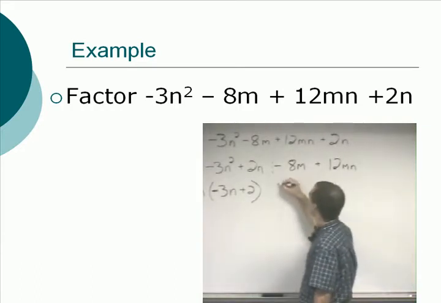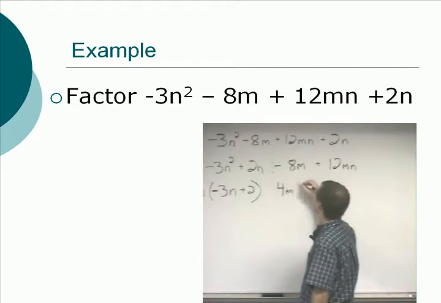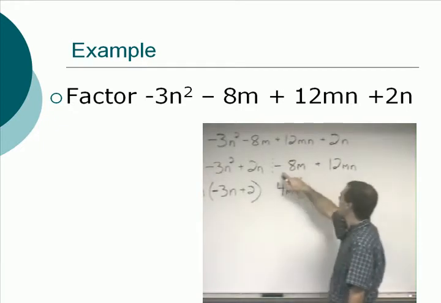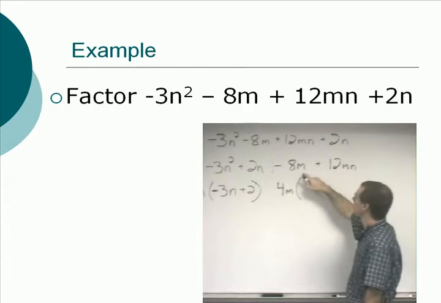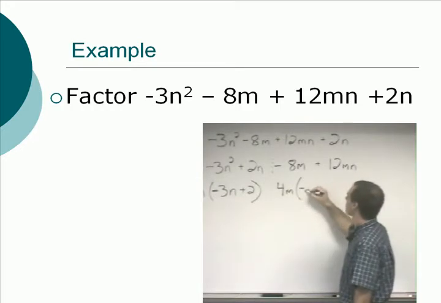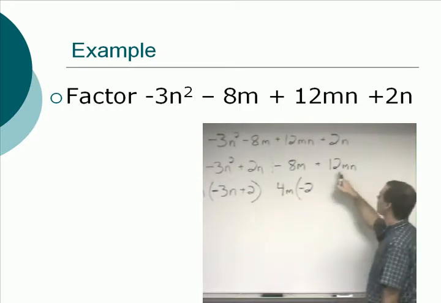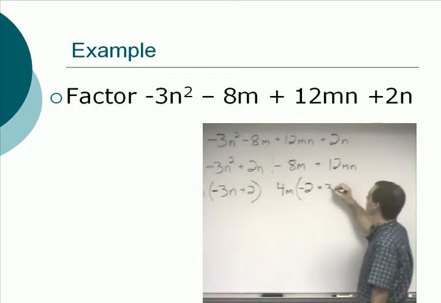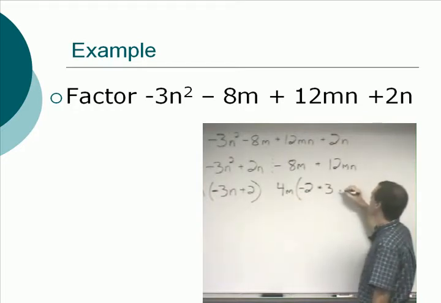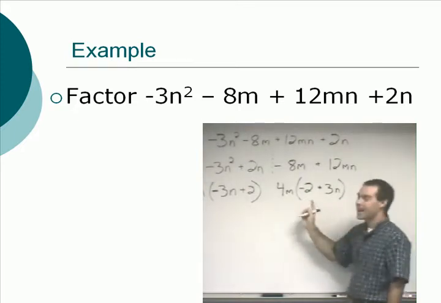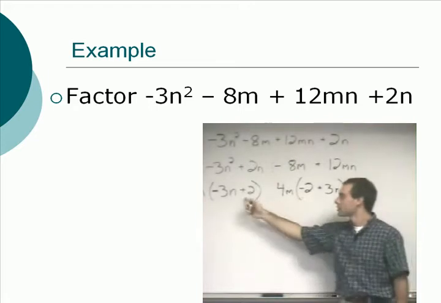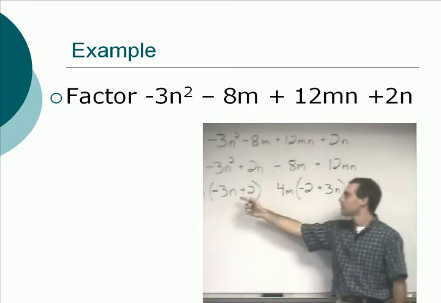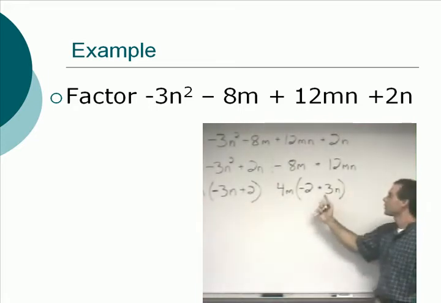If we pull out a 4m, what are you left with here? You're left with negative 2, and you're left with here plus 3n, right? See, we got a minor problem, easy to fix, but note that these two don't quite match. We've got negative 3n plus 2, positive 3n minus 2.